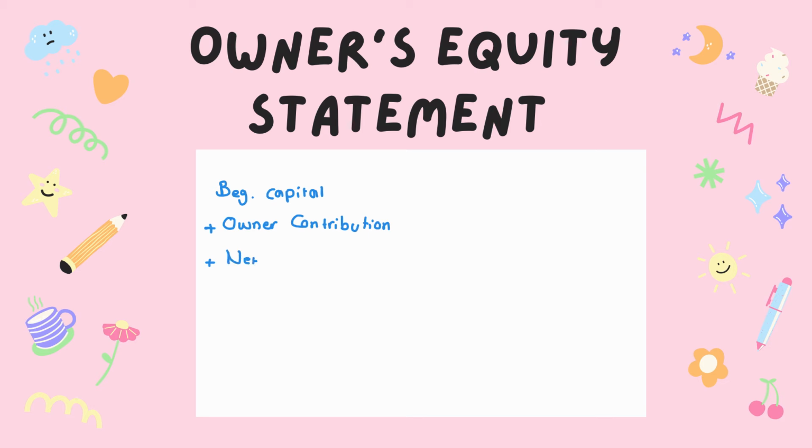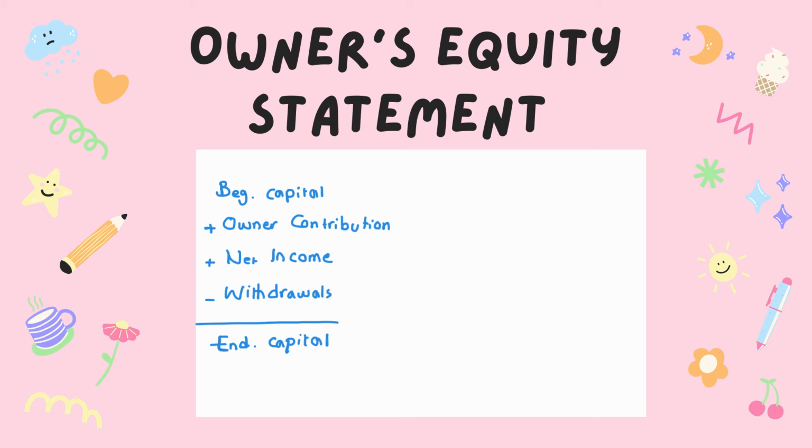For this question, it was net income, less withdrawals equals ending capital.